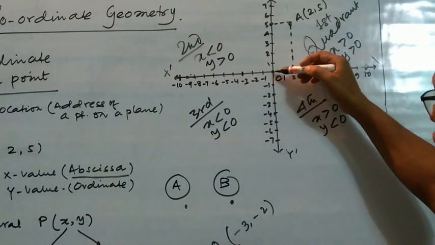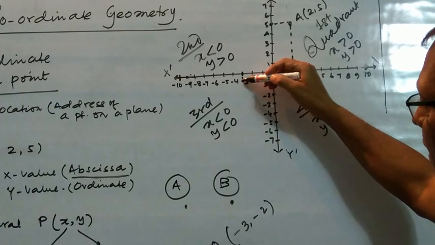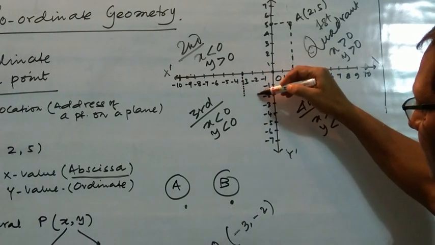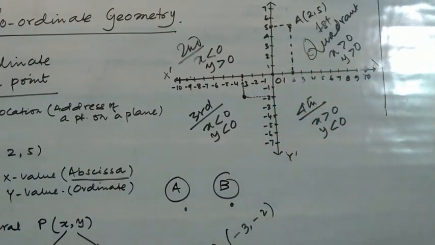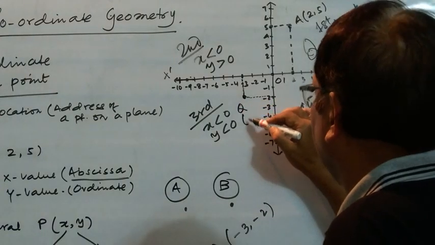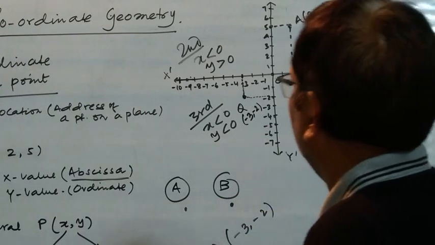And -2 is the y value. From here we will start moving on the graph. We will get a separate line for each, and wherever they meet, that point will be point Q, and its coordinate will be -3, -2.